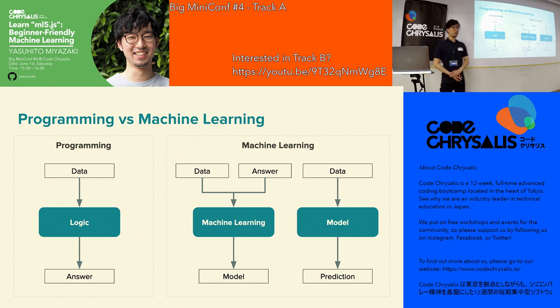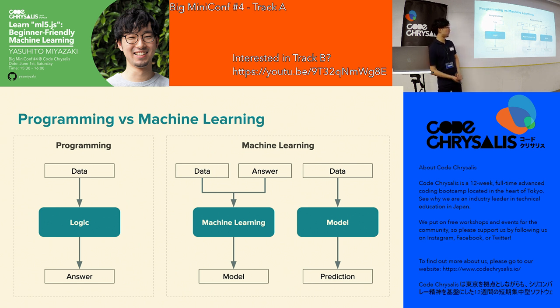Machine learning instead has 2 main parts. The first one is creating a model. To create a model, you not only put in the data, but also the answer, sometimes called a label. You put these 2 things into the machine learning, and a model will be created.